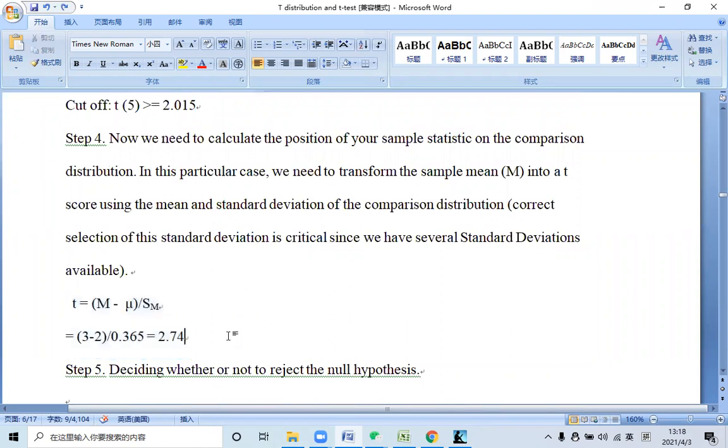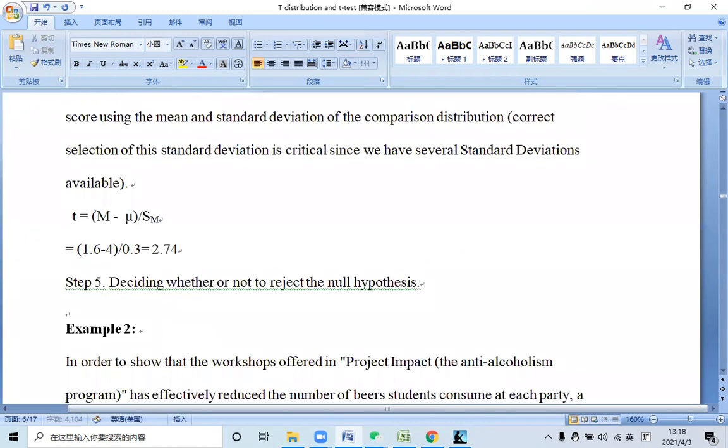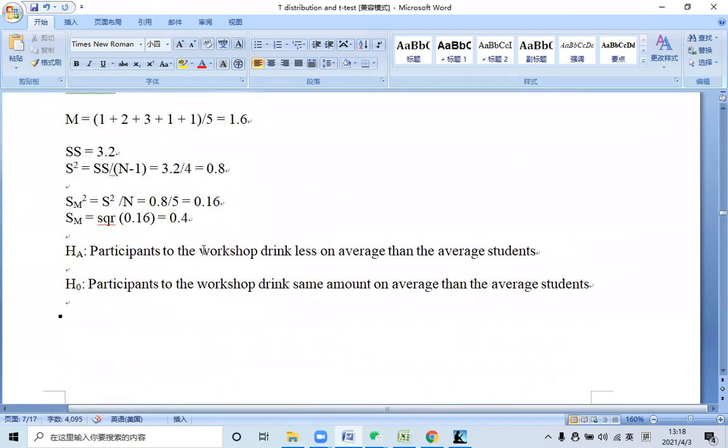So the t-score is 1.6 beers minus 4 beers, and the standard deviation we calculated was 0.4. Oh, I know where. That's the wrong place. We're looking at example 2. Oh, okay, here it is.